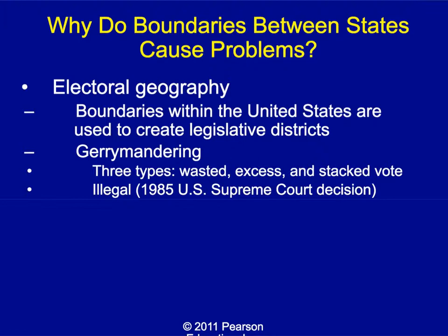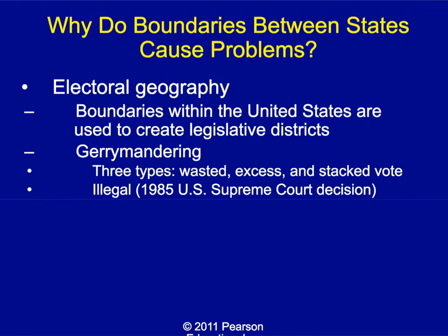The wasted vote takes the votes and spreads opposition supporters across several districts to where they are actually the minority in those districts. And as a minority, they now do not have the voting block power that they would have had.